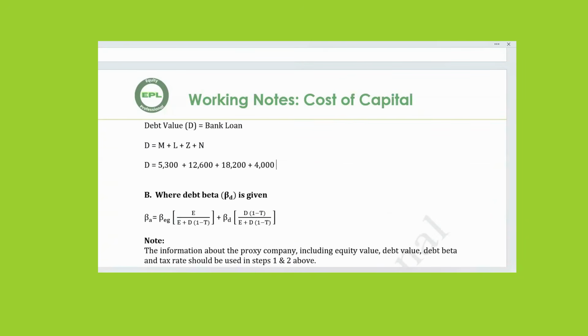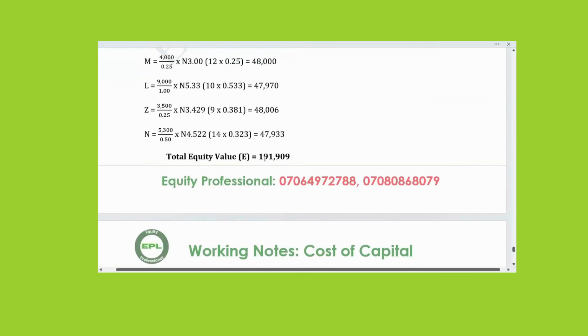So when you add up everything, what do you have there? 40,100. So we have debt value to be 40,100.